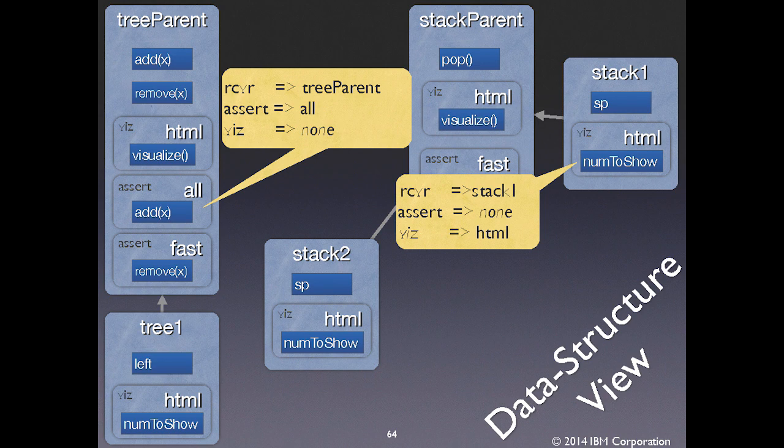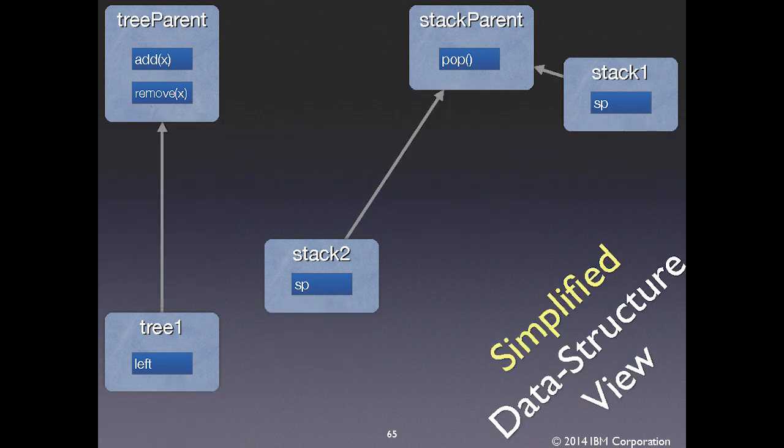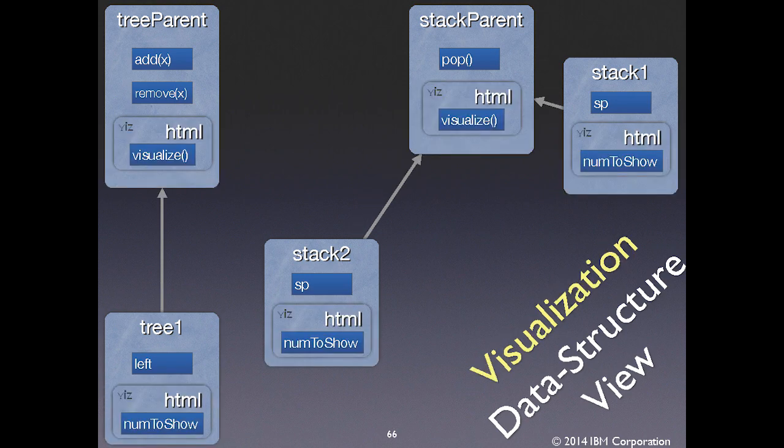Connected to receiver is this thing, no assertion checking, and HTML visualization. Or the environment could simplify the view. I don't care about that for this task. It can just show you that stuff because we've got the information with the dimensions. Or it can show you, I care about visualization, show me the data structures and only the slots connected with visualization.